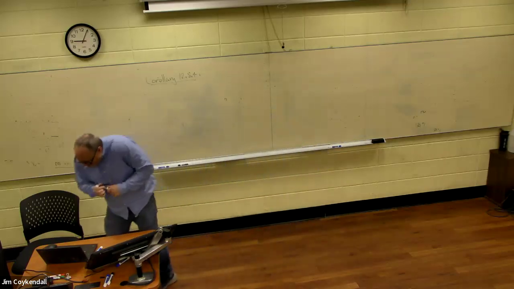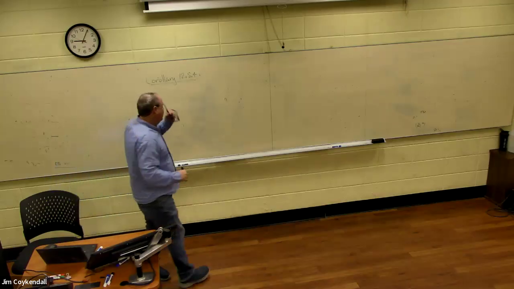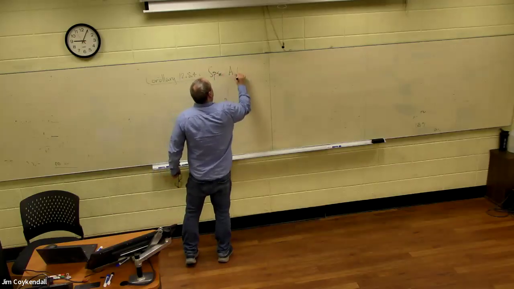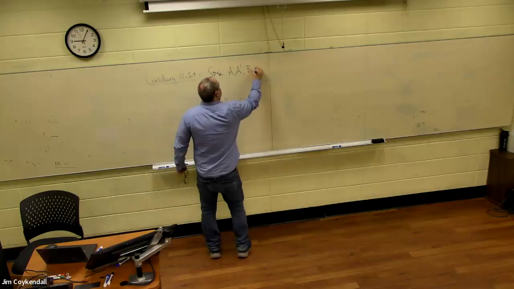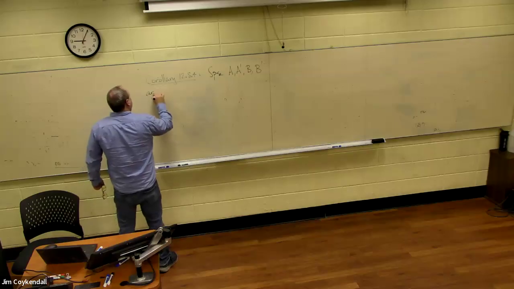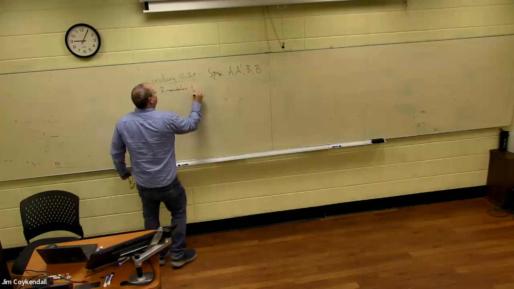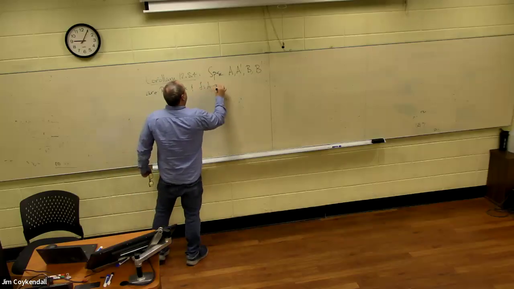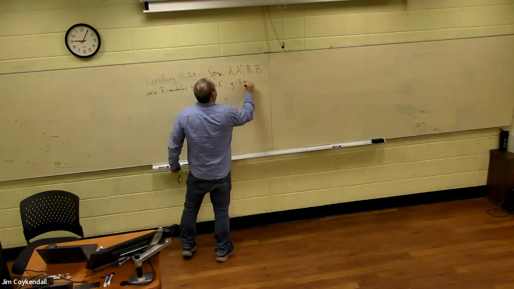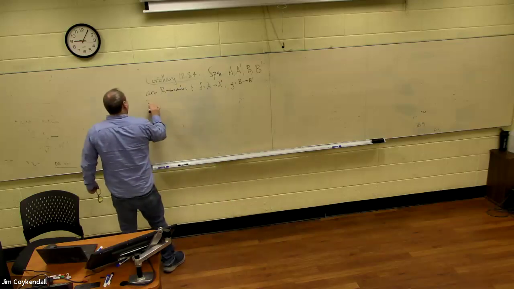Let's suppose that A', B' are modules, and f: A → A', g: B → B' are module homomorphisms.